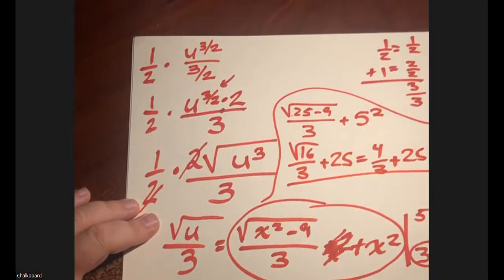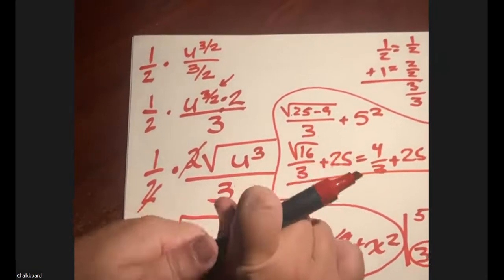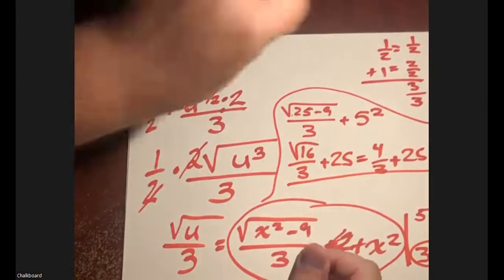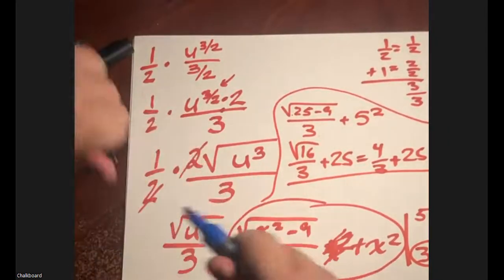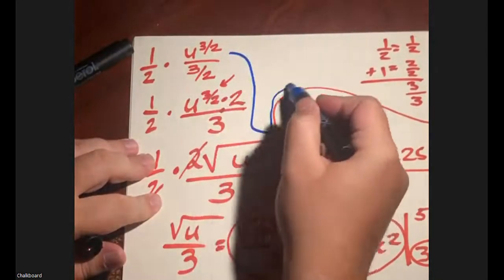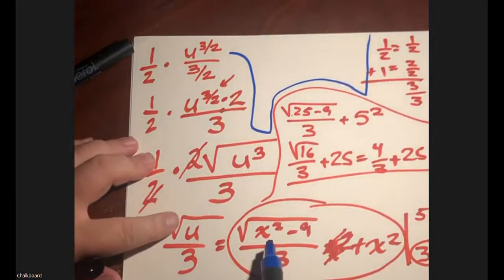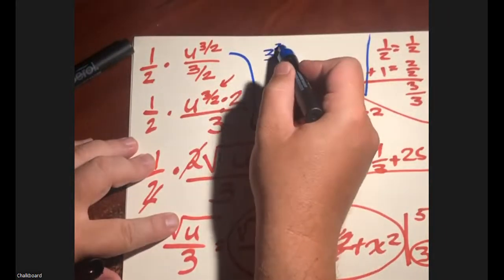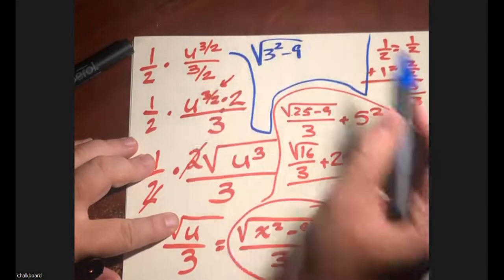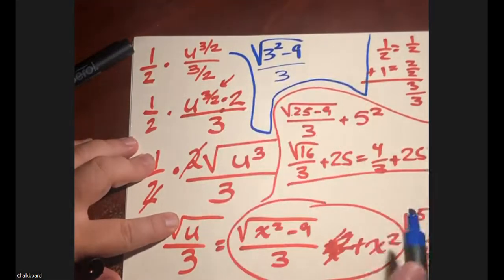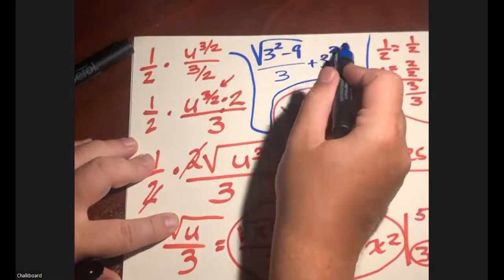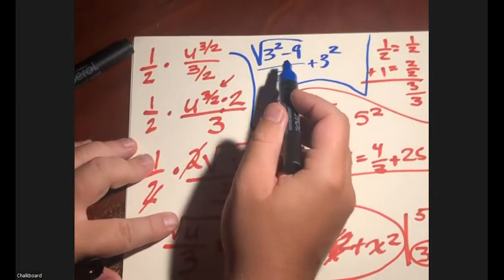Next, if I put 3 in there, it becomes 3 squared minus 9 over 3 plus 3 squared. And doesn't that become 0?